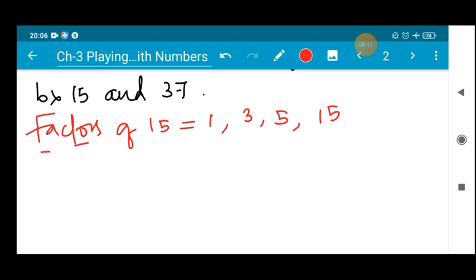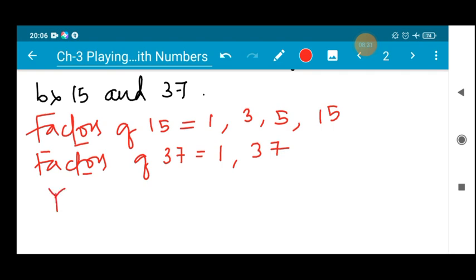Now we have to find the factors of 37. The factors of 37 are 1 times 37, and I don't think there is any other number which can divide it. So even here you can see that no other number is common besides 1.